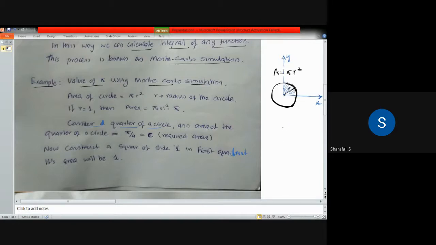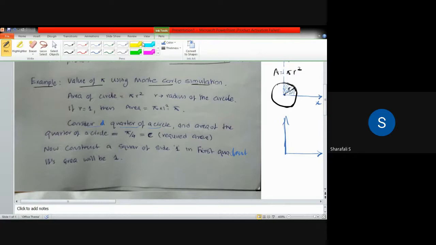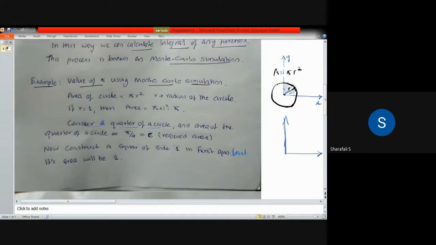I am just showing that particular portion of the circle in this curve. So it will be almost like this, right? This will be radius r. This length will be radius r up to this. This is your x-axis. This is the y-axis.